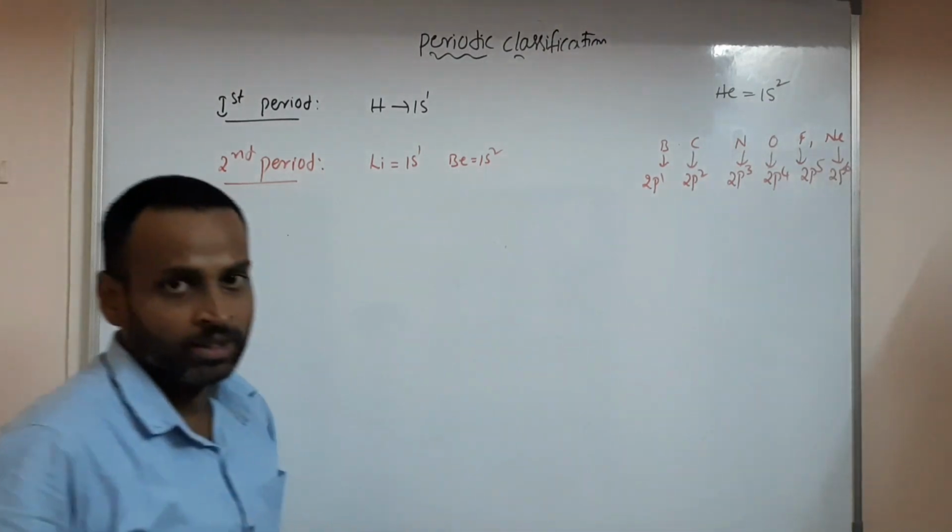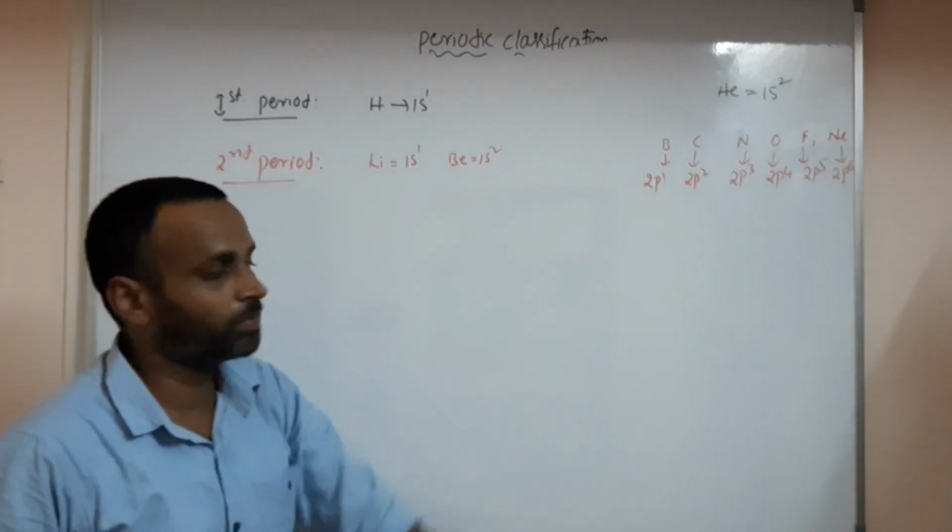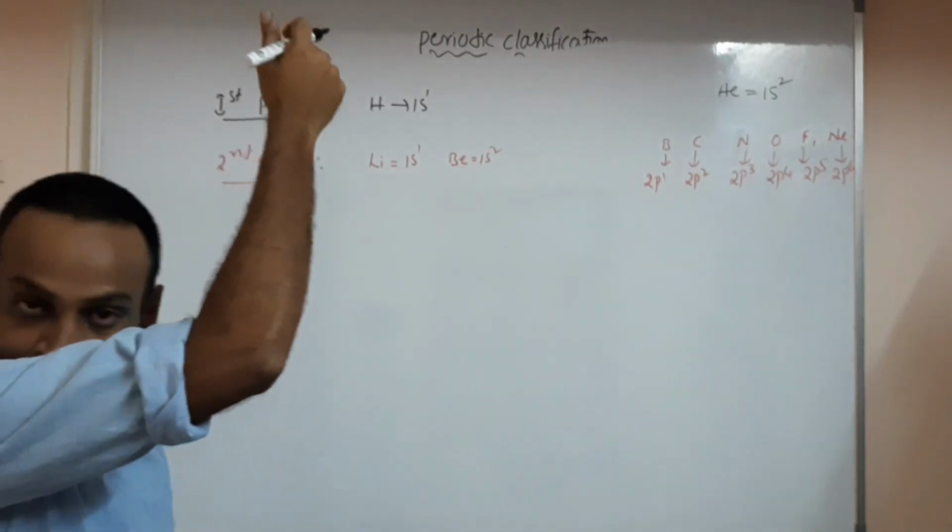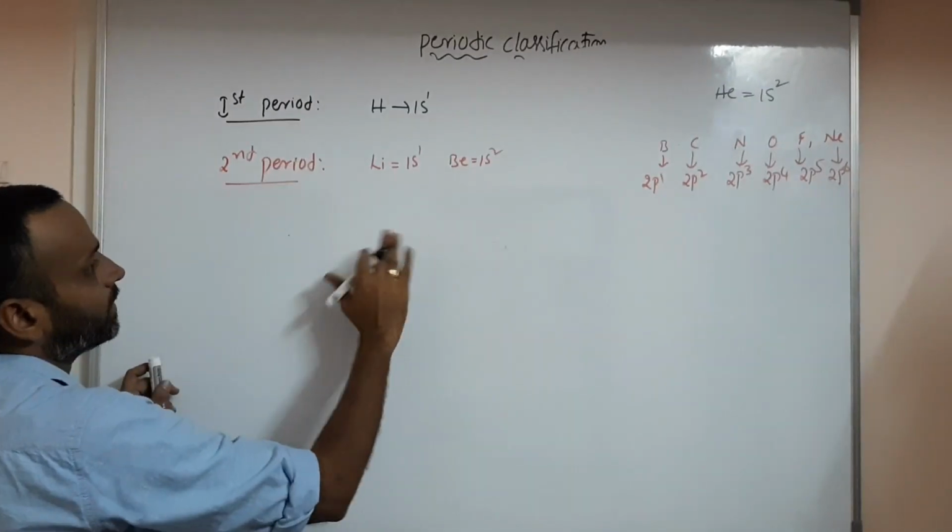So from p1 to p6. In the second period these are the elements.